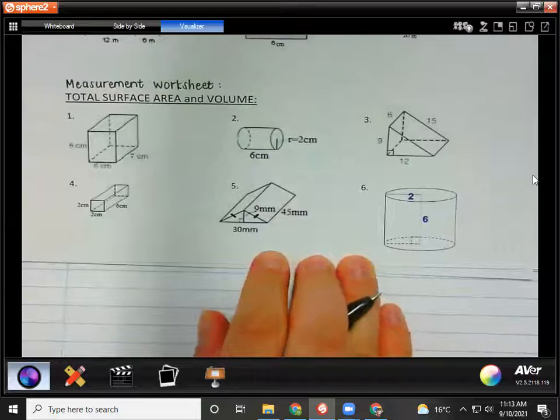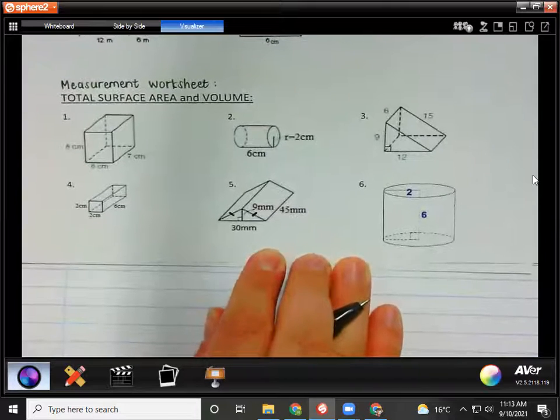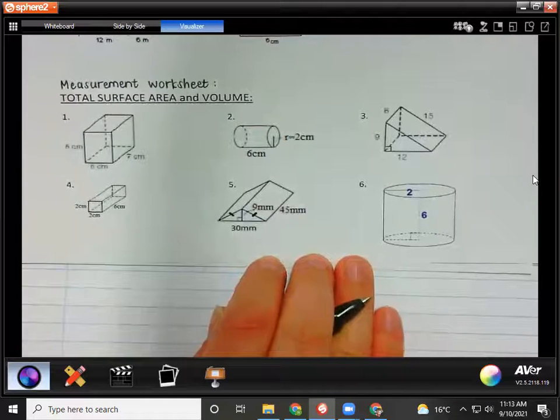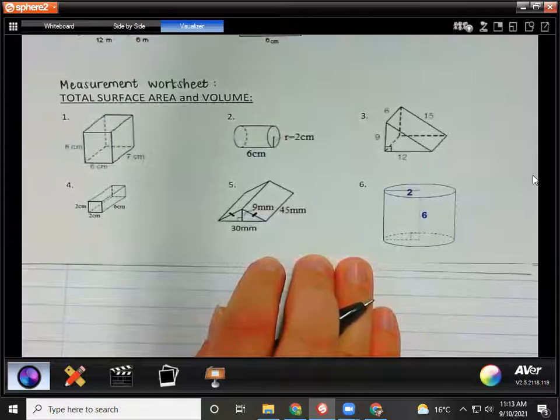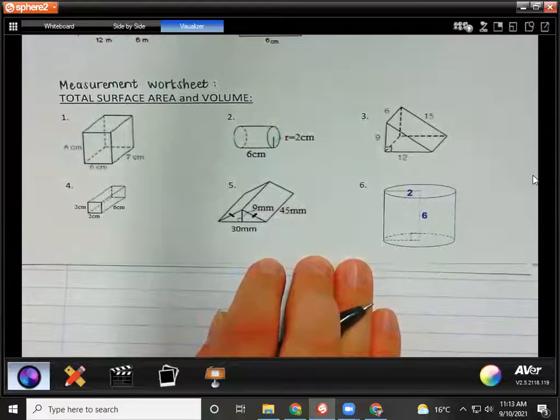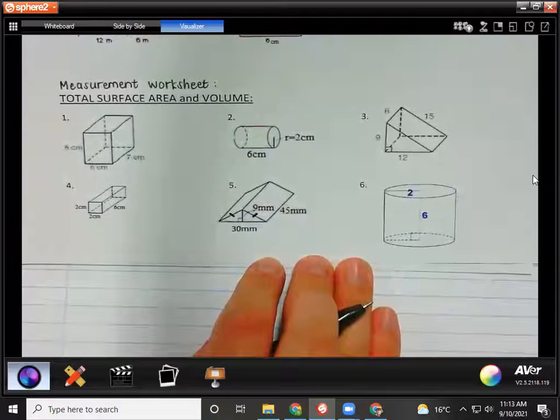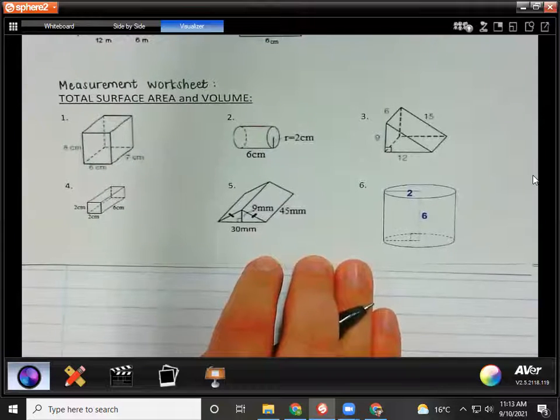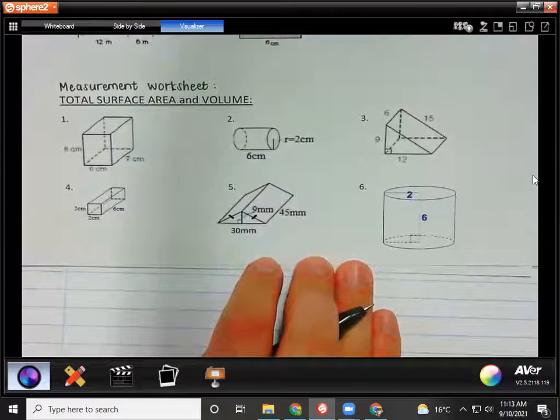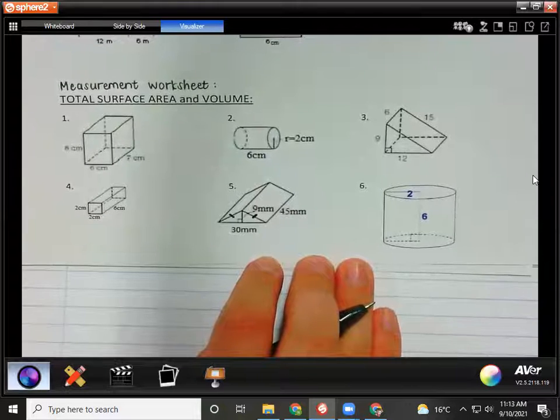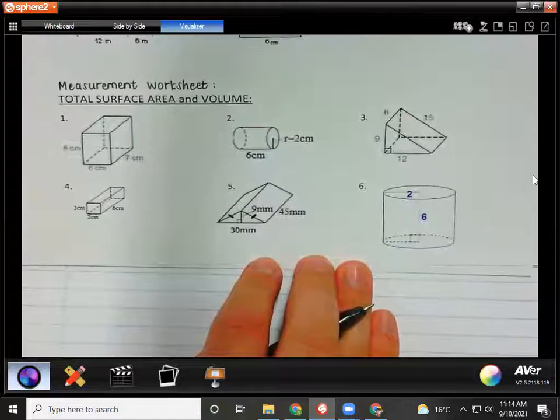And then for all 6 of these shapes, they want you to find the total surface area and the volume. Now we haven't done surface area in a while. Remember, surface area is the area of all the shapes that are on the surface, on the outside of the shape, as a solid. And for volume, that's what we've practiced now. The volume of any shape is always the area of the base multiplied by the height of the prism. So we're going to do it for all 6 of those.